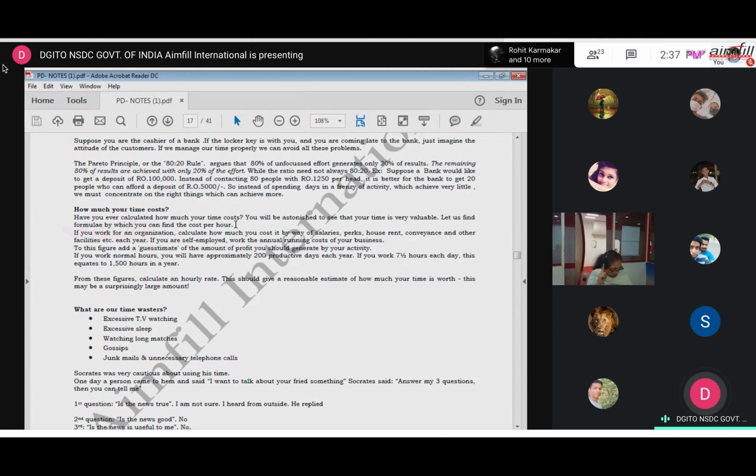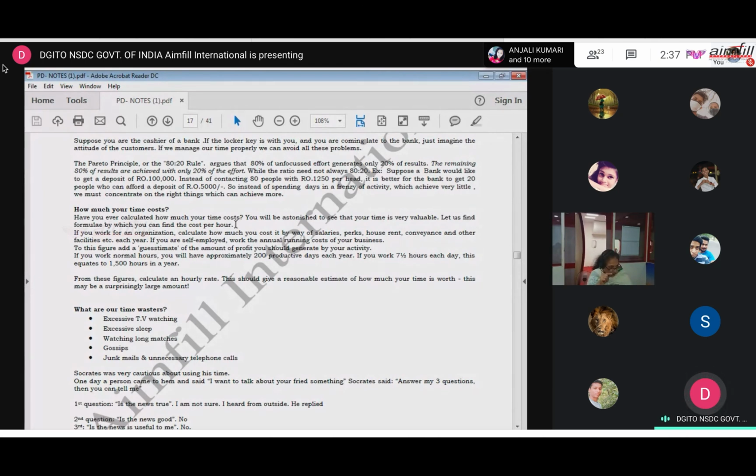Cost of time per minute: 330, which we had rounded off earlier, divided by 60. 60 seconds make a minute, right? Your answer should be 5.50 rupees. All the answers are in rupees, okay? So you are paid 5.50, say 6 rupees per minute.